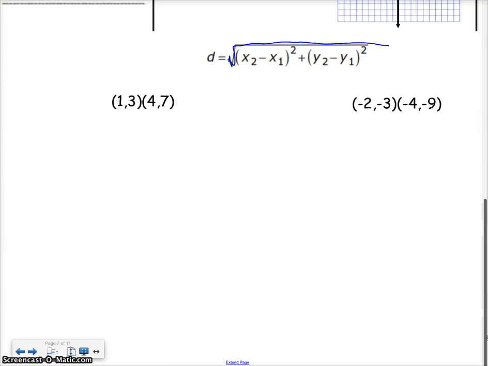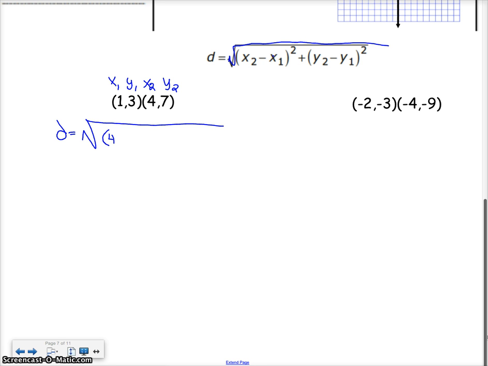So, let's do it. This is the first x, first y, second x, second y. And I'm going to apply the formula. The distance between these two is the square root of second x, take away the first x.